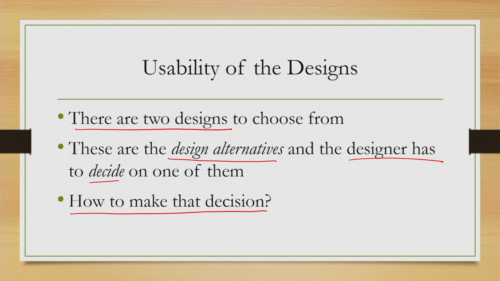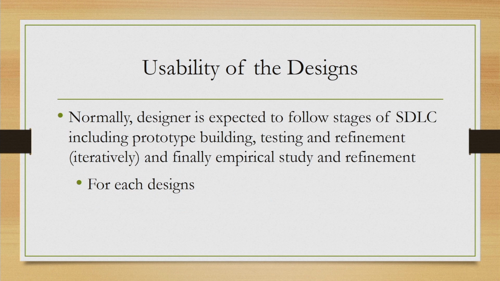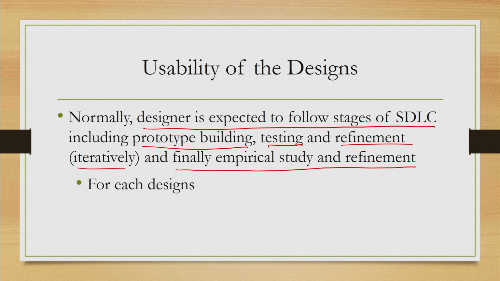So, if we follow the traditional approach, what will happen? The designer is expected to follow the stages of the development life cycle, which includes prototype building, testing and refinement of the design idea iteratively, and finally empirical study and final refinement for the final design. So, the designer has to do this for each of the alternative designs.